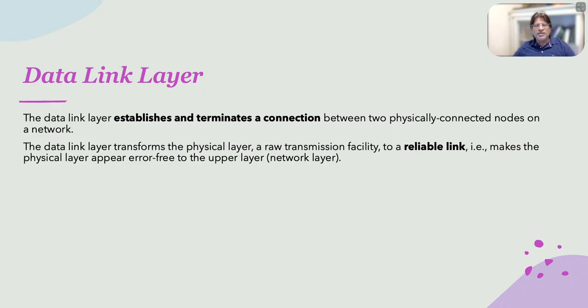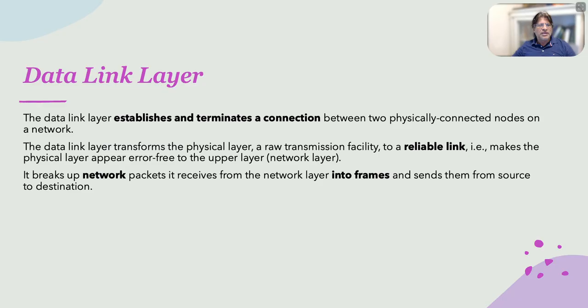Into a reliable link, which makes the physical layer appear error-free to the upper layers, because the whole idea is to be able to send data error-free to the other end, right? If data is distorted or corrupted, then there's an issue here, right? So the data link layer helps in this process, and so does the transport layer. And we will look at the role each of those layers play.